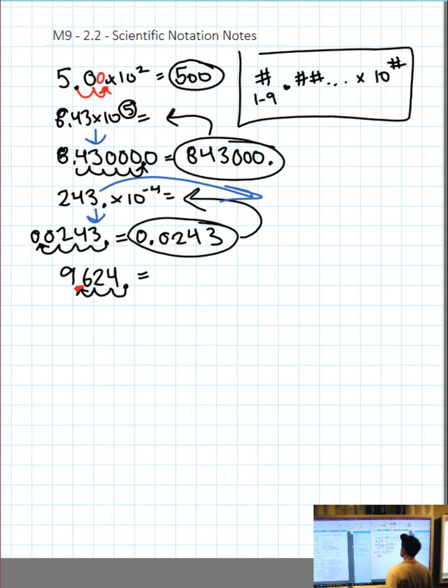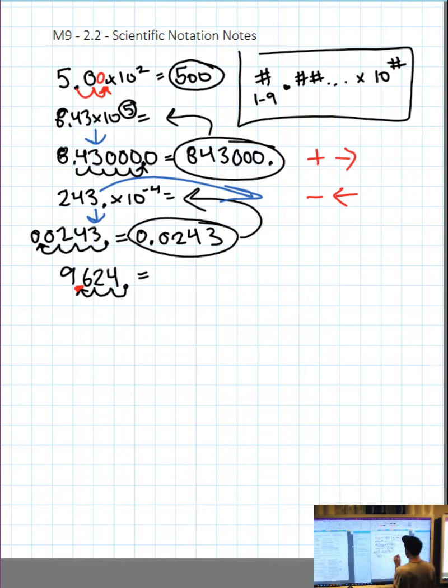Now, as we learned above, I'm going to write it in red. Positive to the right. Negative to the left. But now we're doing the reverse process. So the reverse thing must happen.